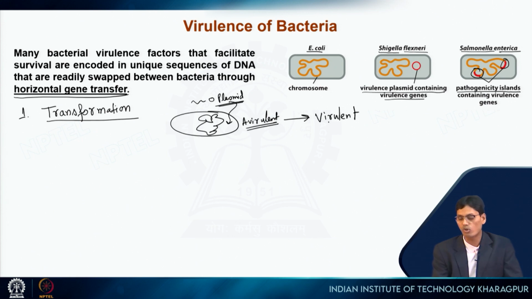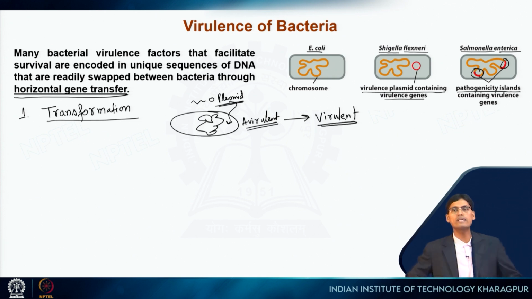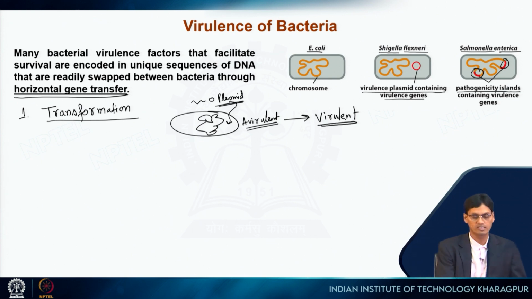That means it can cause the disease again, it can be lethal, right. So, this is called transformation, taking free DNA, and this is happening in nature. As a result, this way bacteria can acquire these virulence factors from the surrounding.